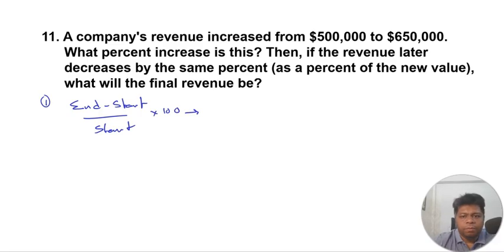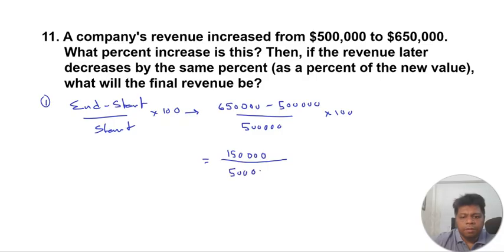So if I go by this formula, it will be 650,000 minus 500,000 by 500,000, that was the original price, and into 100. So the value here would be 150,000 by 500,000 into 100.